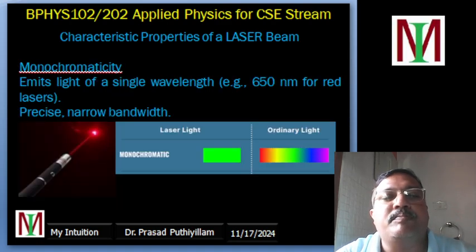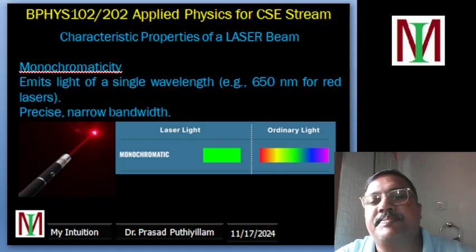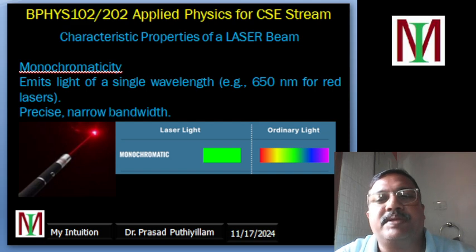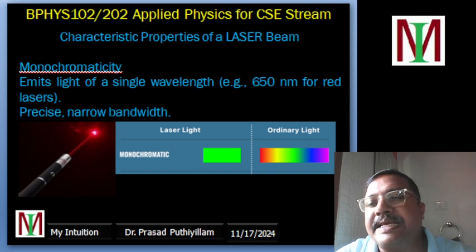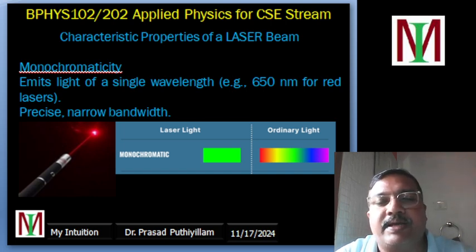Then comes monochromaticity, the second property of laser light. Monochromatic means mono is single, chrome is color. Therefore, it is one color. So a laser beam typically emits light of a single wavelength.